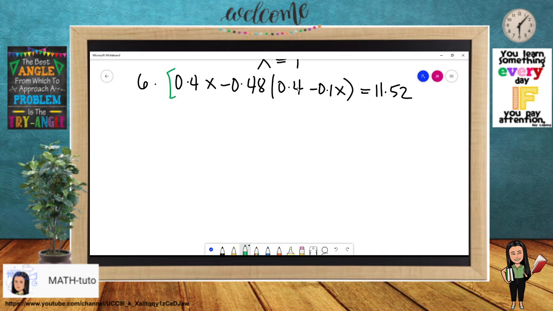So, we can multiply both sides of our equation by 1,000 or 10 raised to the third power because etong 0.48 pag na-multiply siya dito magiging 3 decimal place na yon. So, yun ang magiging pinaka mataas na number ng decimal place, tatlo. So, 10 raised to 3 or 1,000.